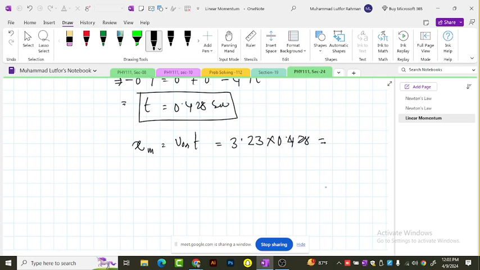That gives me 1.382 meter, and for the bigger m it should be 0.808 into 0.428. That will give you 0.345 meter, which means the smaller mass will cover the larger distance and the bigger mass will cover the smaller distance. That makes sense, right?